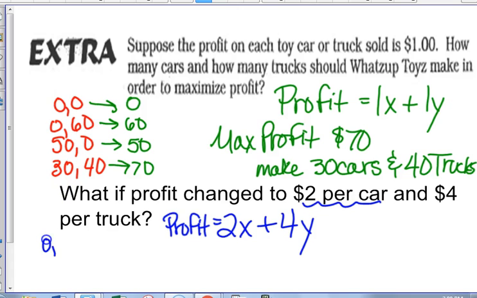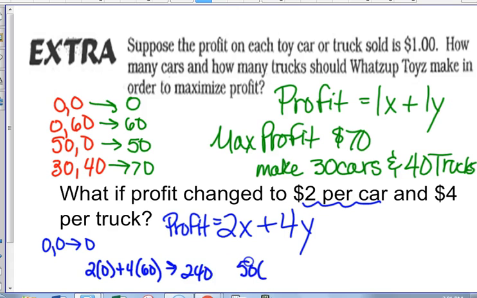Well, guess what? 0, 0, I'd still make 0. What if I put in 2 times 0 plus 4 times 60? Okay. 50, $2 times 50 plus 0 would be 100.